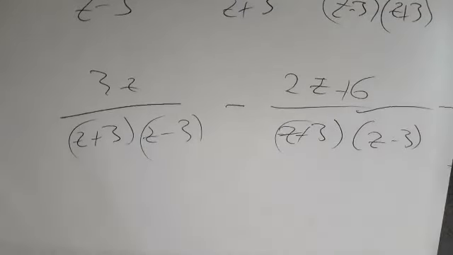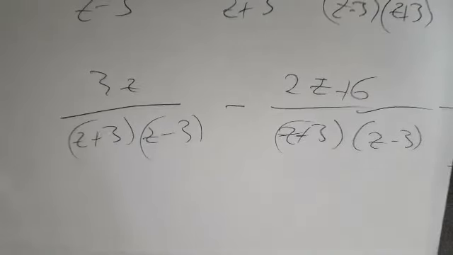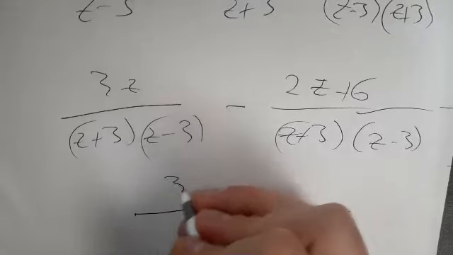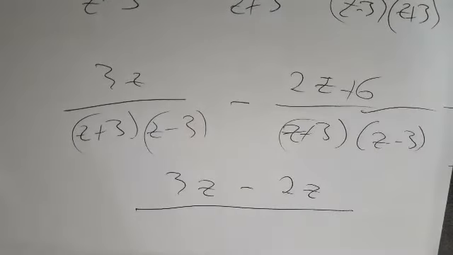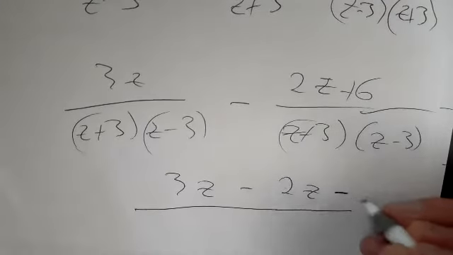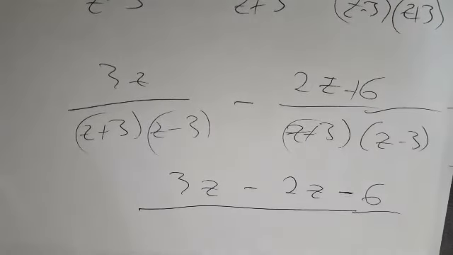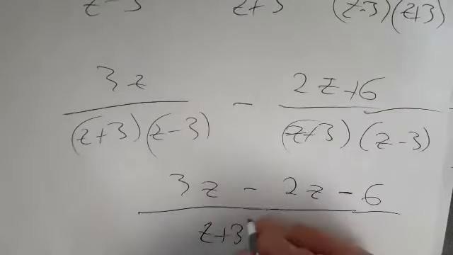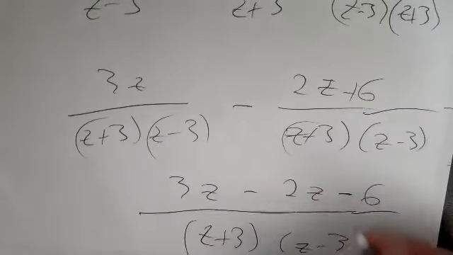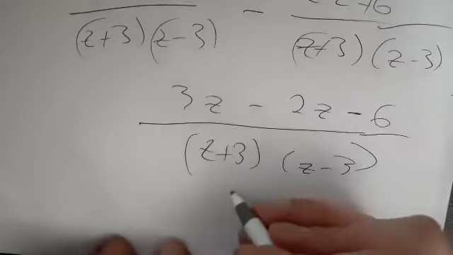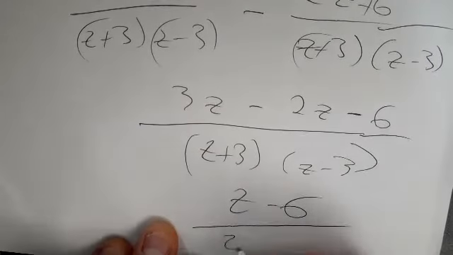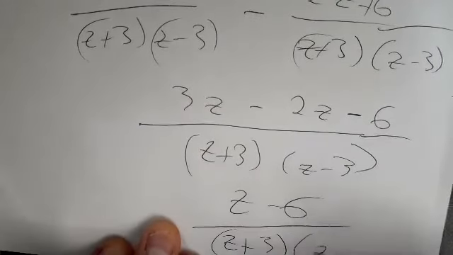And now I've got to do that subtraction correctly. This is 3z minus 2z, and you're going to do minus 6 as well. We're going to do z plus 3, z minus 3. 3z minus 2z gives me a single z. I believe on top I'm getting something like z minus 6 over z plus 3, z minus 3.